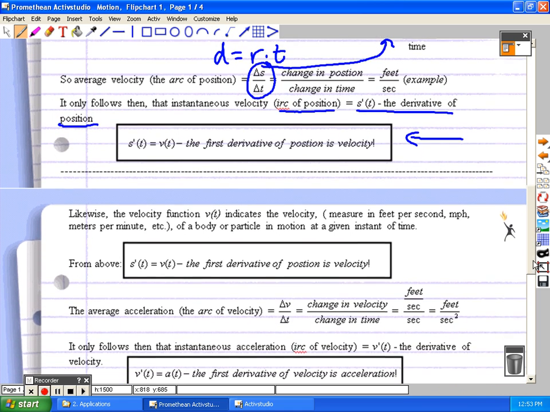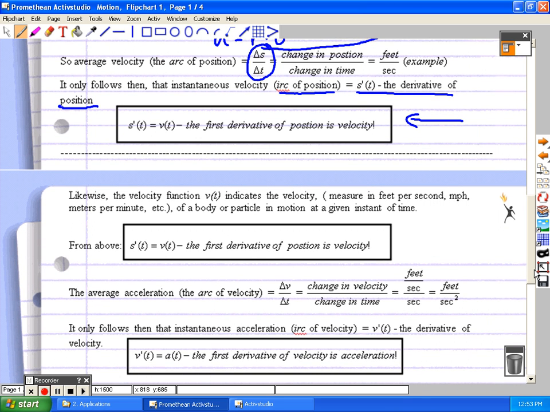Now we're going to do the same thing with velocity. If we want to know how fast velocity is changing, we can find the average acceleration by doing the same thing. As you can see, it would be change in velocity over change in time. That would be a starting and a stopping point. Over here, you can see that I've shown you where the units for acceleration come from.